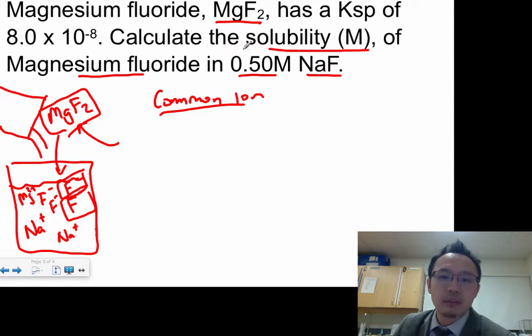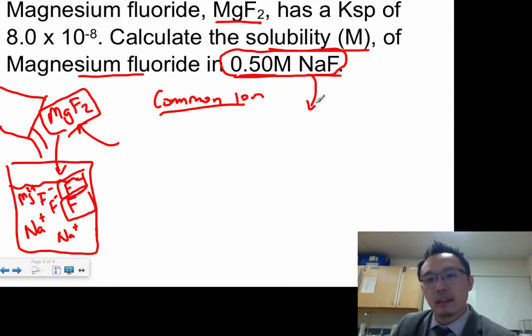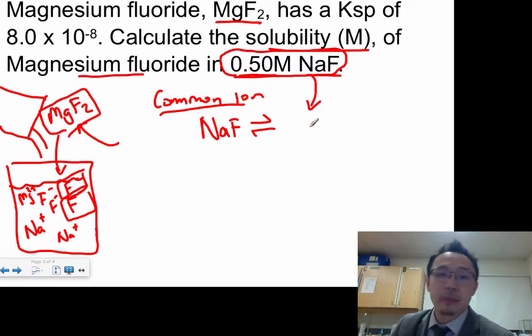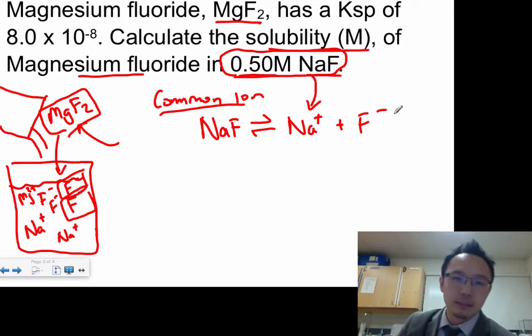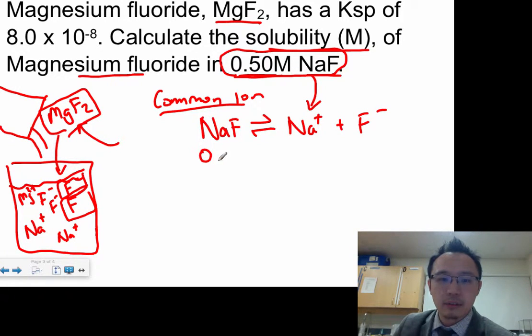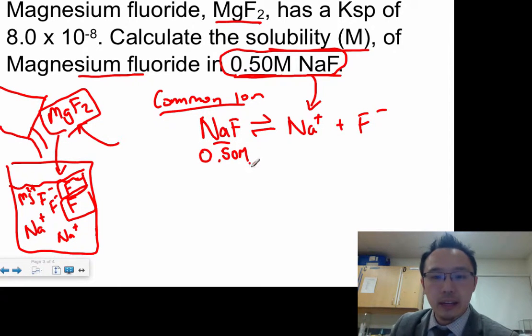To solve this problem, first you have to identify some concentrations. If we write sodium fluoride as an equilibrium expression, it breaks into Na+ and F-. The concentration is 0.5 molar, so we can use stoichiometry to calculate the ion concentration: 0.5 molar and also 0.5 molar.